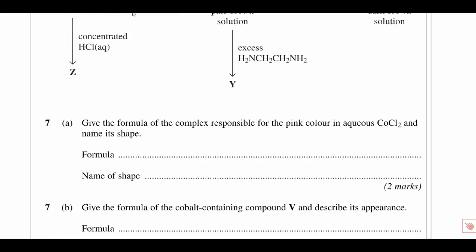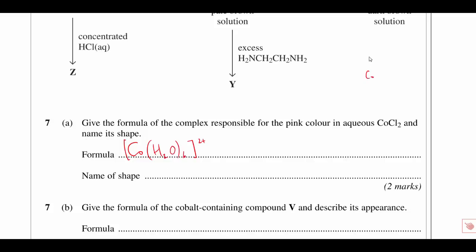So this is that idea I mentioned in the theory half: whilst cobalt chloride may be the compound, the actual complex that gives the pink colour is the hexaaqua cobalt 2+.